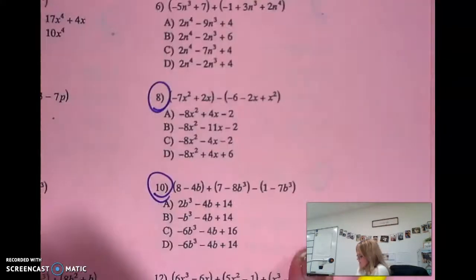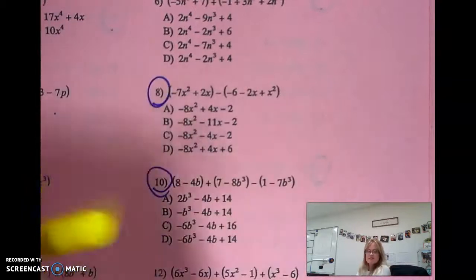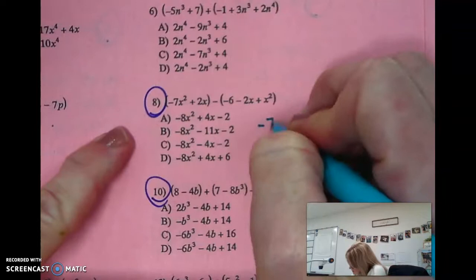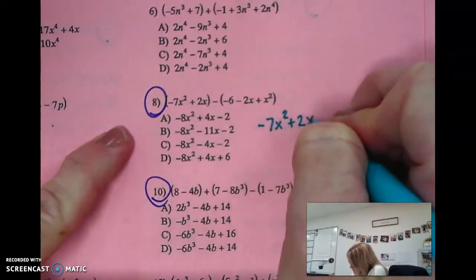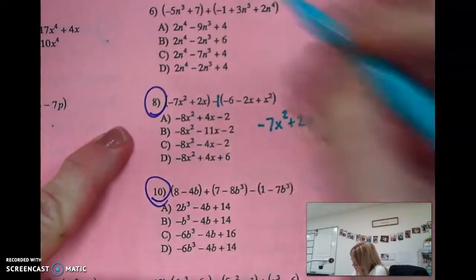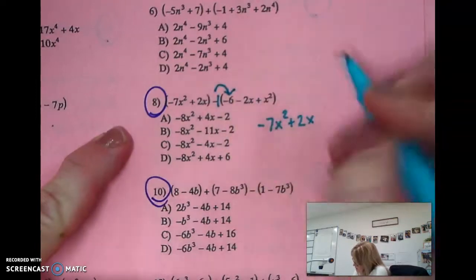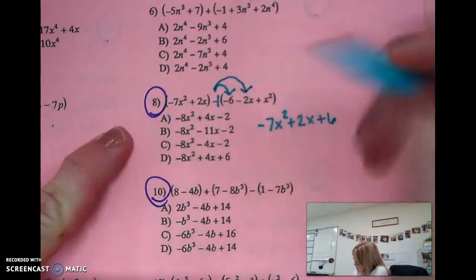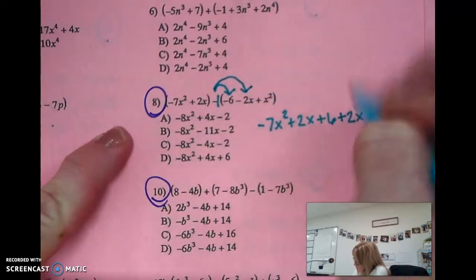Okay, I will do that again so that you can see the subtraction. The first part stays the same, but the second part is like having a negative 1 there. So negative 1 times negative 6 is a positive 6. Negative 1 times negative 2x is a positive 2x.